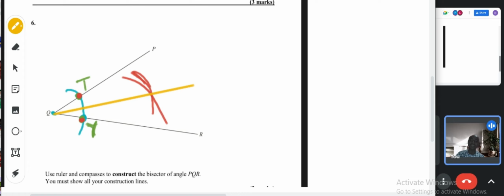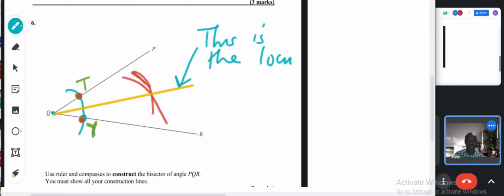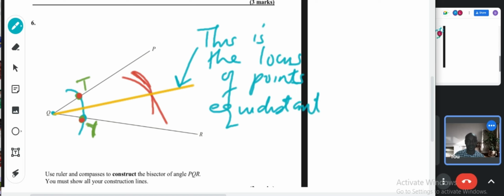In fact, this yellow line is the locus of points equidistant from what? Based on what I explained to you, this is the locus of points equidistant from lines.